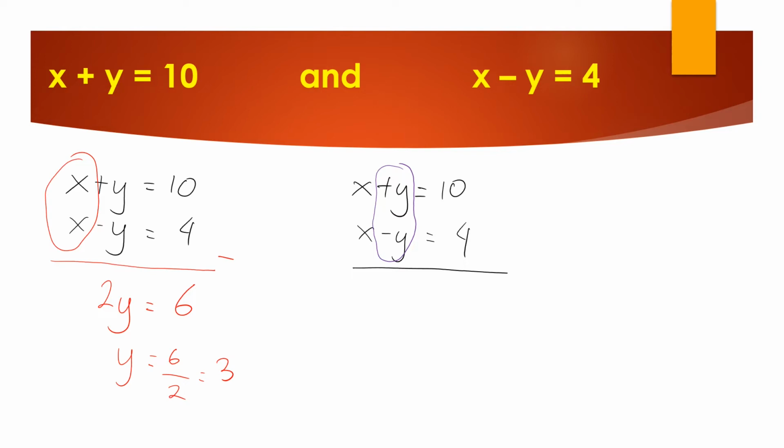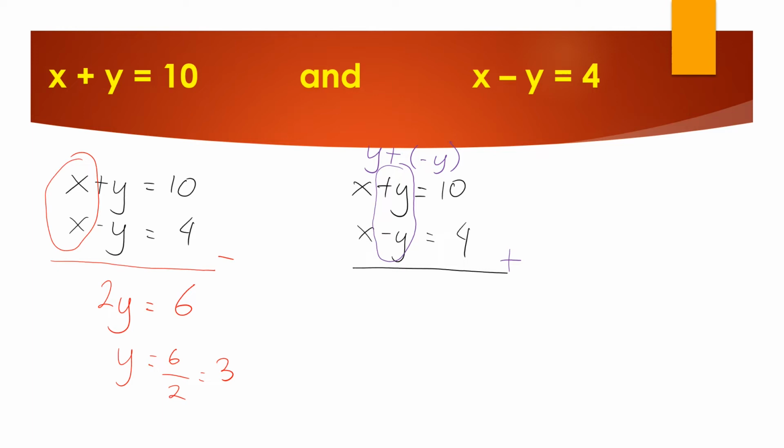So you don't need to put minus here, because it can change the sign. You just need to put plus. So you can do y plus minus y. Confused? I write here y plus minus y, so it will be 0.